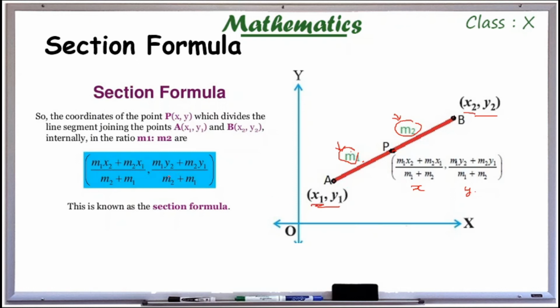Likewise we have to find y. So the first term is the x term and this is the y term. So this x comma y I found using this formula, and the first is the x term and the second term is the y term.